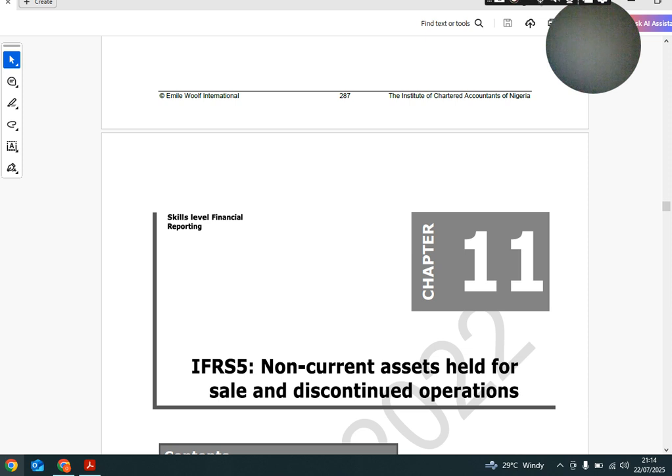It is one of the simplest standards if you understand it very well, if you give attention to it, right? So let's dive into it now. So a non-current asset held for sale, right? As the name implies, this is a non-current asset that the company or an entity has decided to sell off, right?